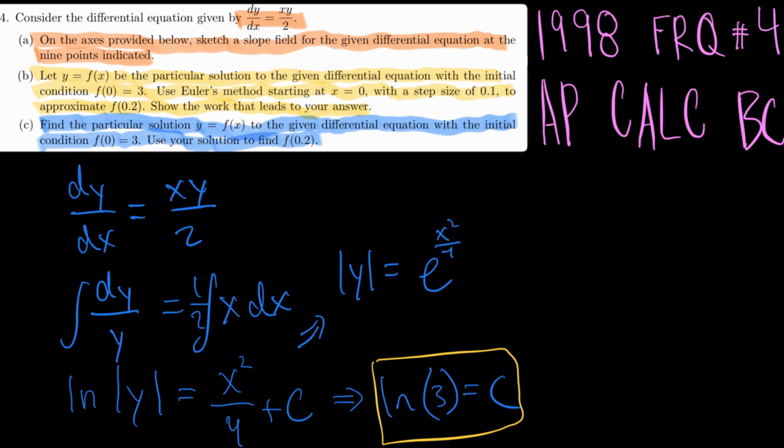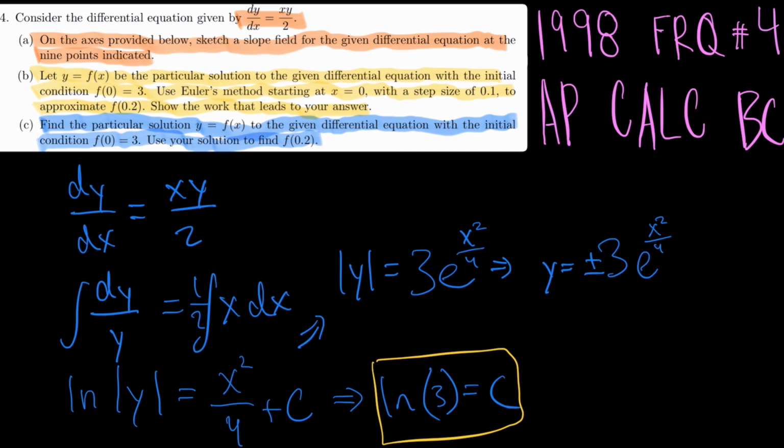Now, if you know your laws of exponents, you'll be able to realize that this is the same as multiplying by e to the natural log of 3, which equals 3e to the x squared over 4. And now we have y equals plus or minus 3e to the x squared over 4.